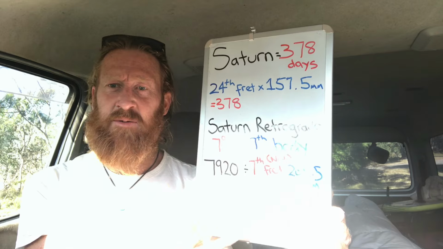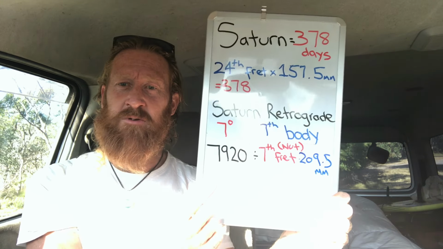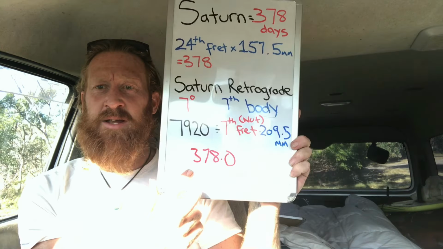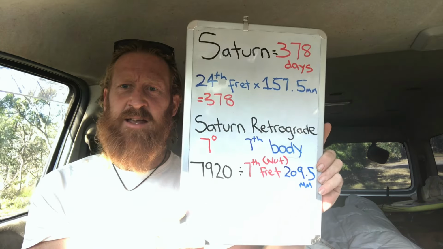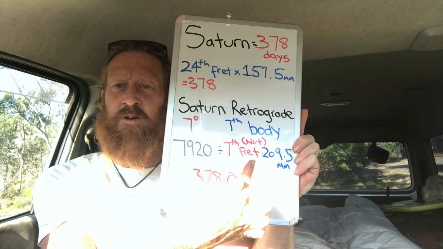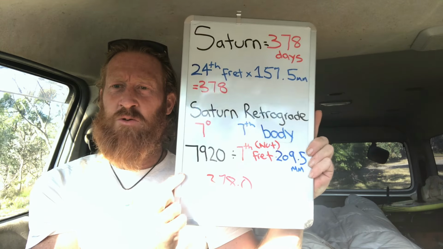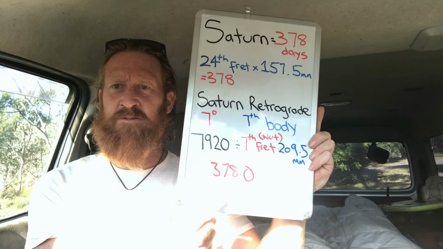Well, of course, we divide the equatorial diameter of Earth by the 7th fret's position, measuring down from the nut, and we get 378.0. So the 7th fret is related to Saturn. When we divide the position into the equatorial diameter of Earth, we get 378.